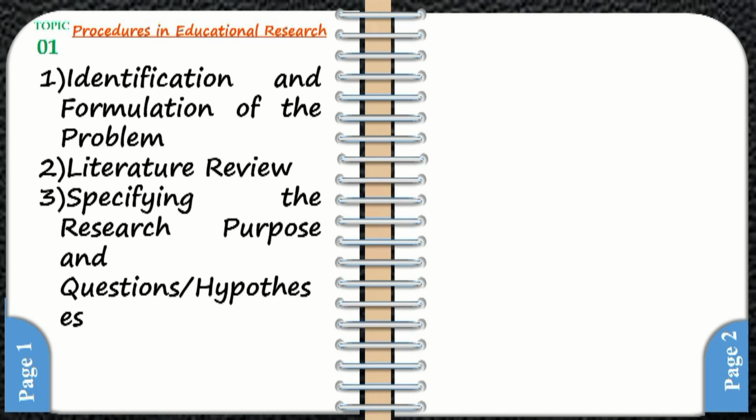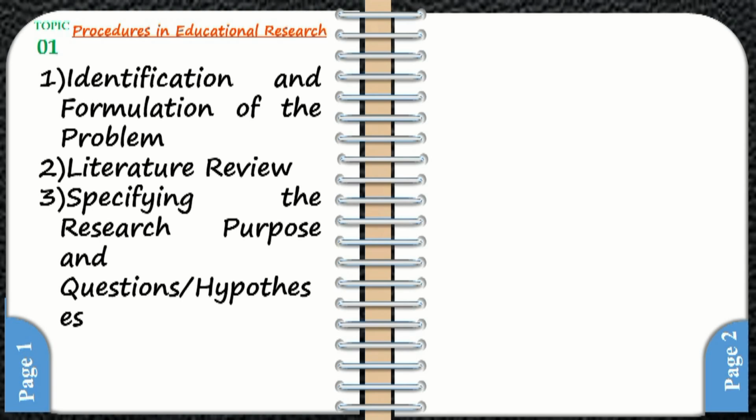A hypothesis is a predictive statement about the expected relationship between variables. For example, students who receive collaborative learning instruction will show significantly higher achievement scores than those who receive the traditional lecture-based method. We talked about hypothesis in detail in our last class. In this class, we are not going to dive deeper.